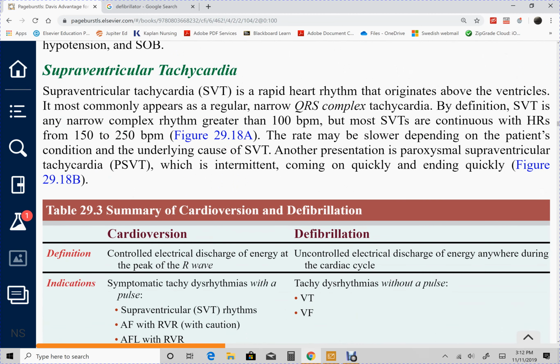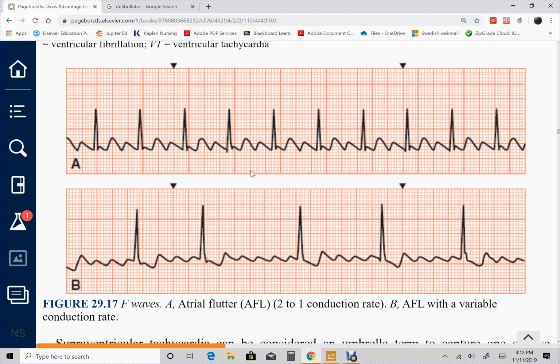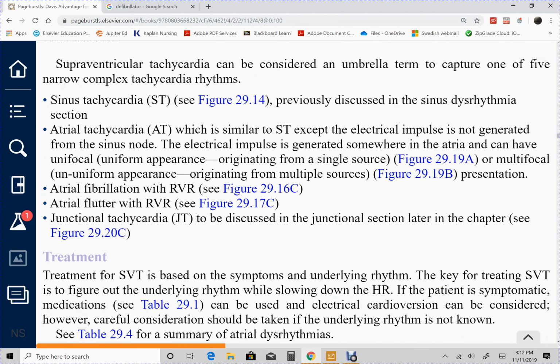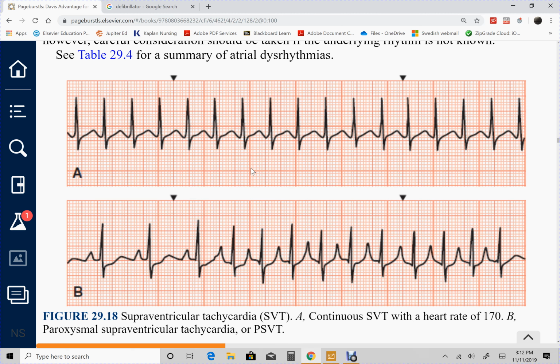The last atrial dysrhythmia is supraventricular tachycardia. Okay, so SVT is this. If you compare this with sinus tachycardia, it's really very similar. But the heart rate is, of course, way higher compared to sinus tachycardia.